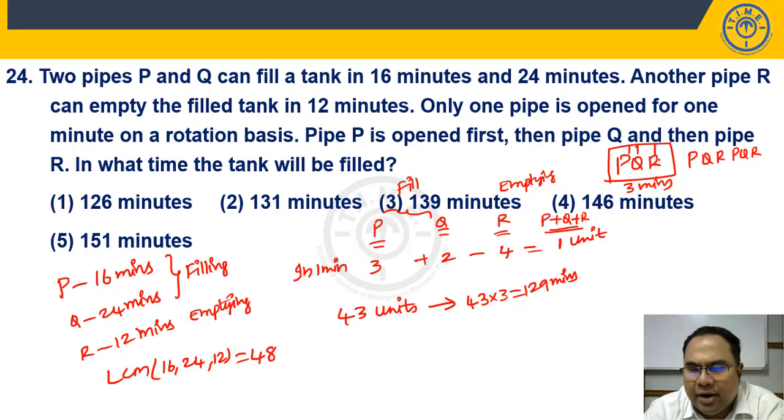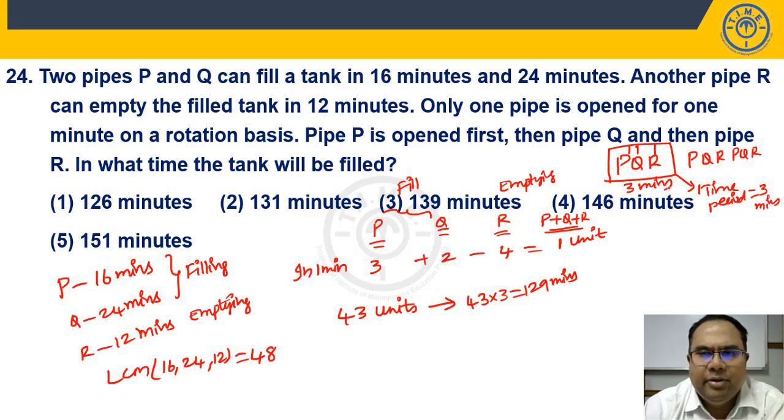Who will come after one time period? Let us consider this as one time period. One time period will be 3 minutes. You can call it a round, one cycle, anything. First P will open, then Q, then R. So PQR, PQR, PQR, 3 minutes.